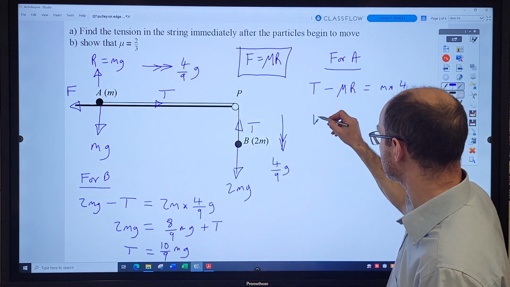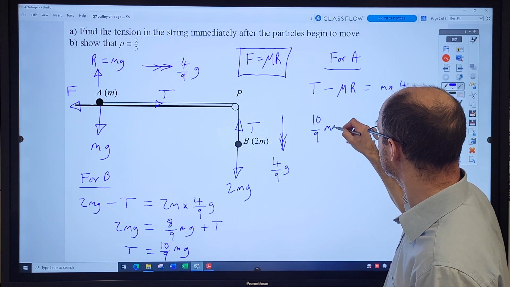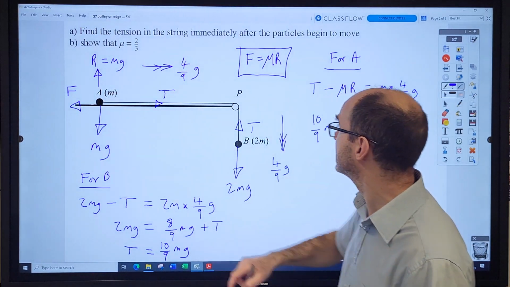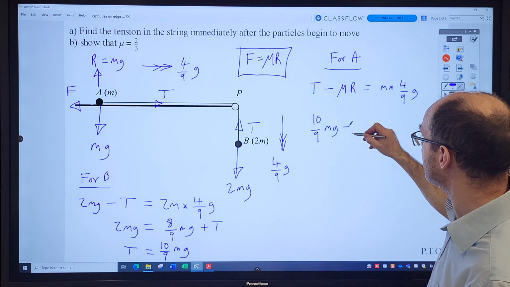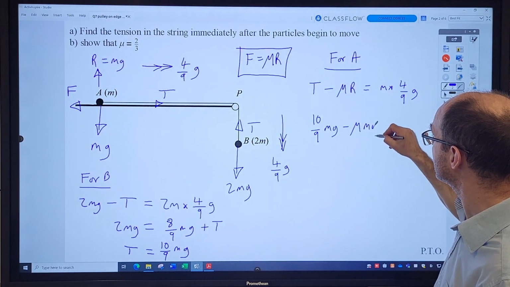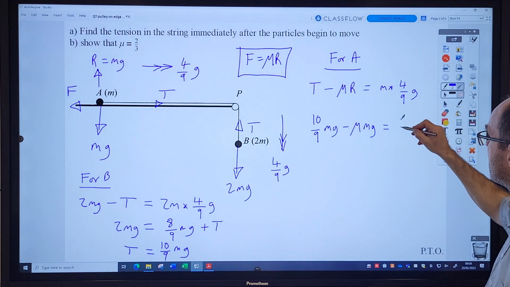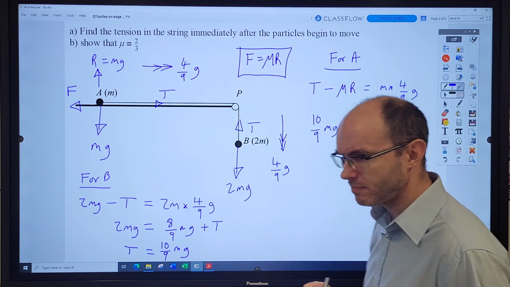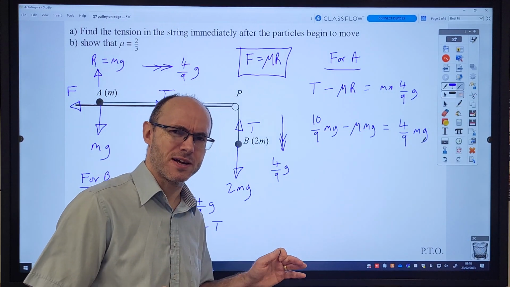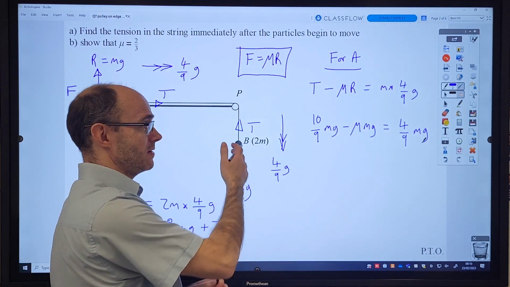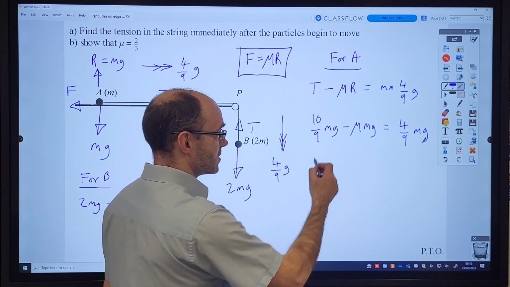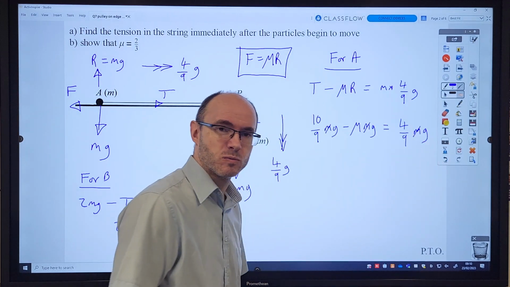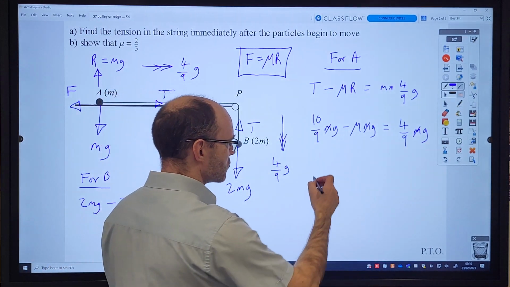So 10/9 mg, subtract mu times R, which is mg, so subtract mu times mg, is equal to, here I'll simplify that as 4/9 mg. Now here's the nice thing about questions like this, the m's will cancel in this equation. Notice that? You can just divide that by m here, here, here, and we're just left with a much simpler equation. Let's just write that down.